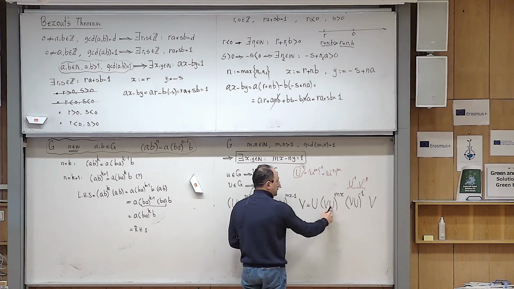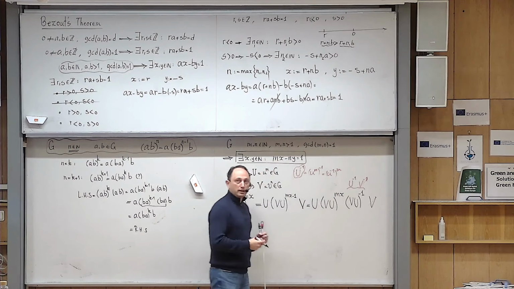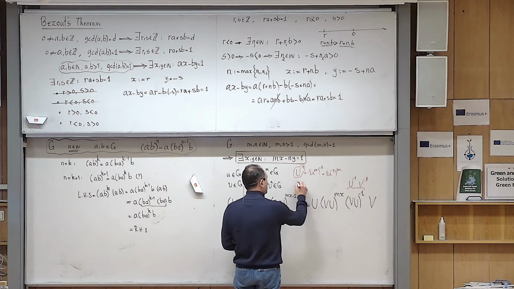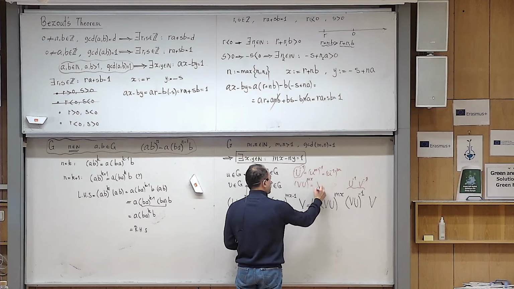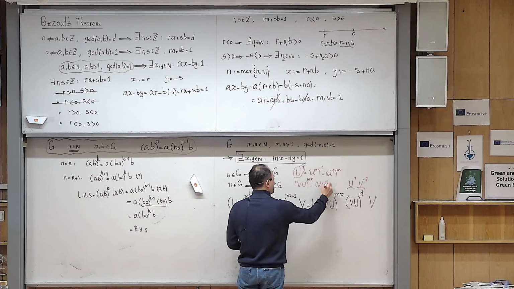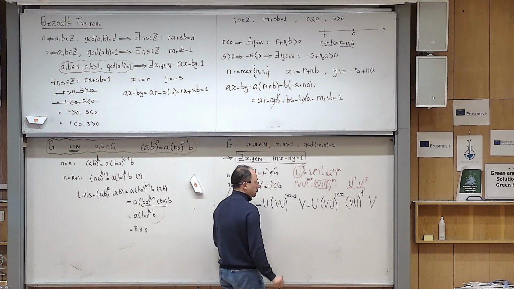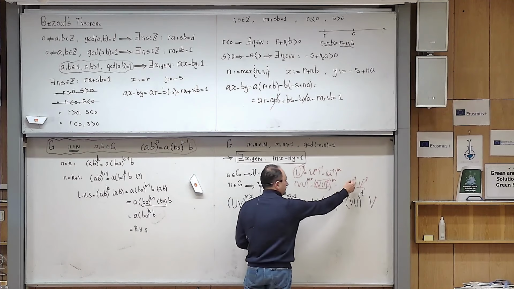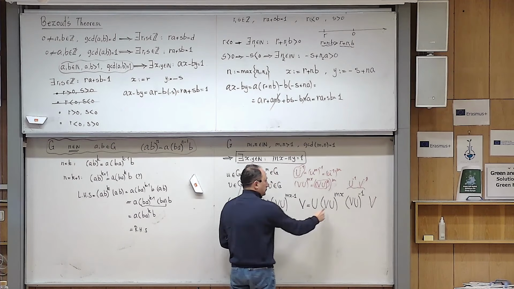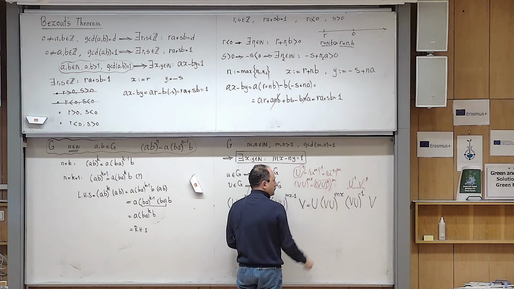But (UV)^(mx) is also an mth power. Why? Because (VU)^(mx) can be viewed as ((VU)^x)^m. And this is definitely an element from my group, and then I have exponent m, so this is also an mth power. So U inverse is an mth power, (VU)^(mx) is an mth power.